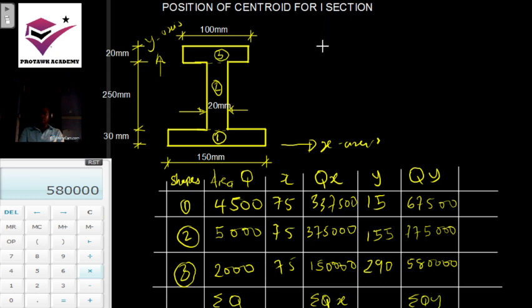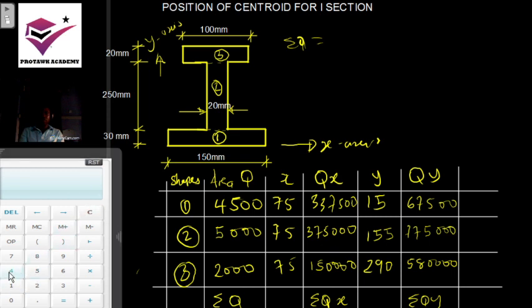So the summation of our q will be equal to, we sum all this, 4,500 plus 5,000 plus 2,000. We use our calculator to do that, and we have 11,500.